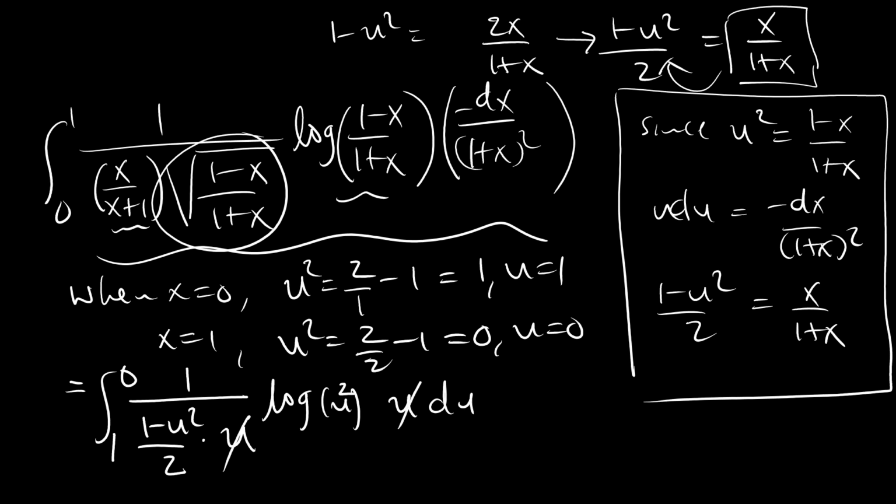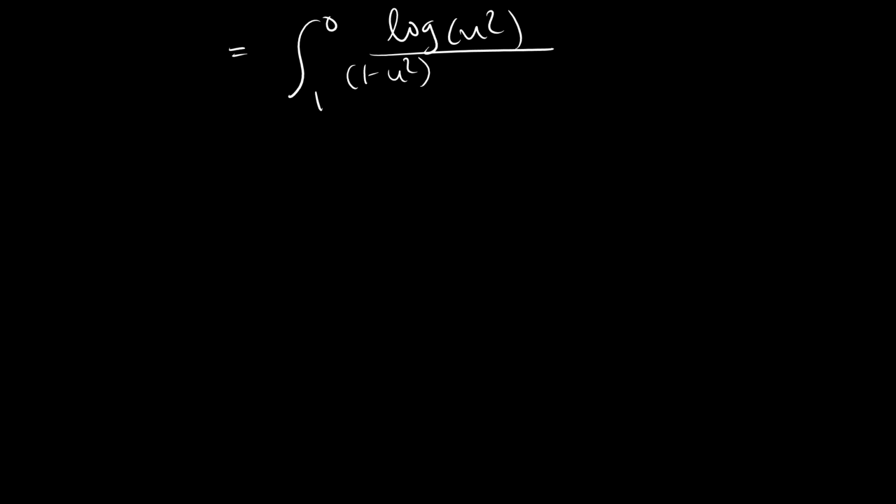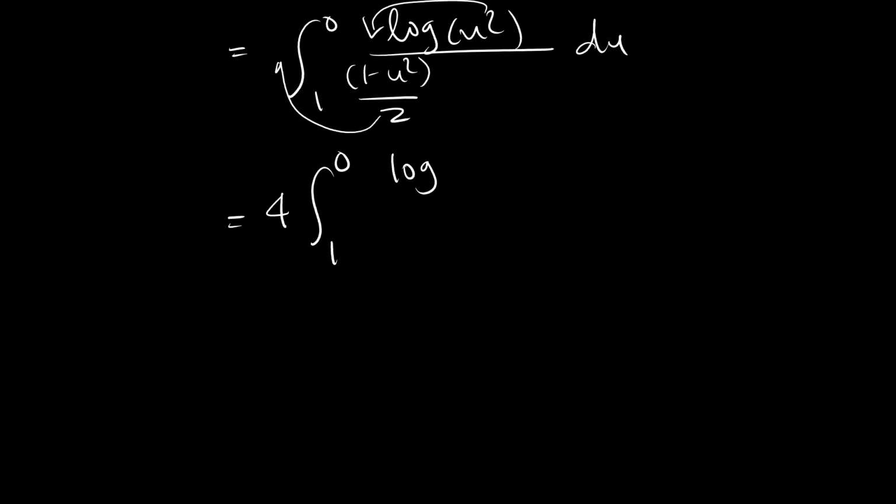So we have 1 to 0 of log of u squared over 1 minus u squared over 2. This 2 goes out here, and this climbs up here to make 4. So 4, 1 to 0, log u over 1 minus u squared.